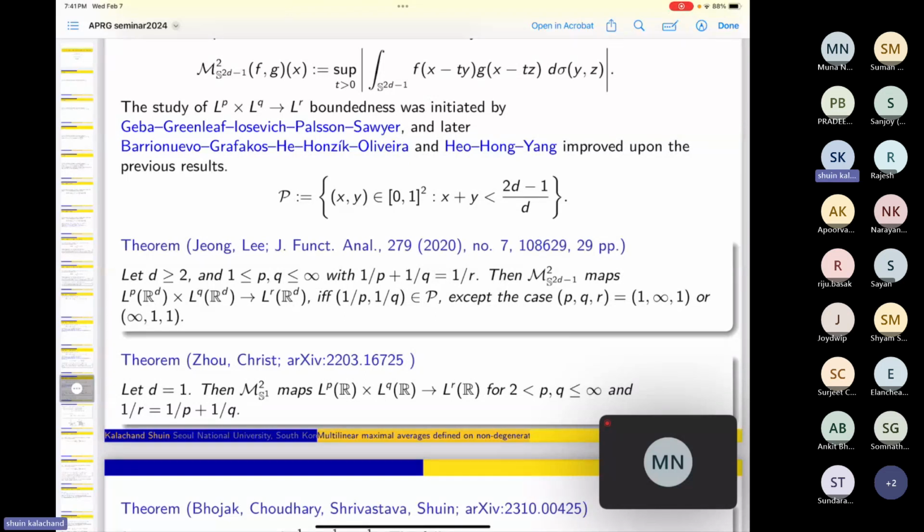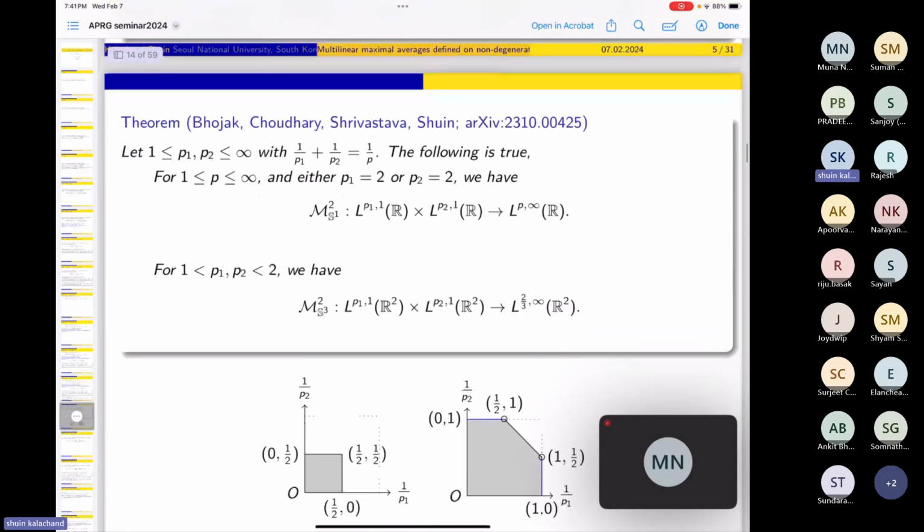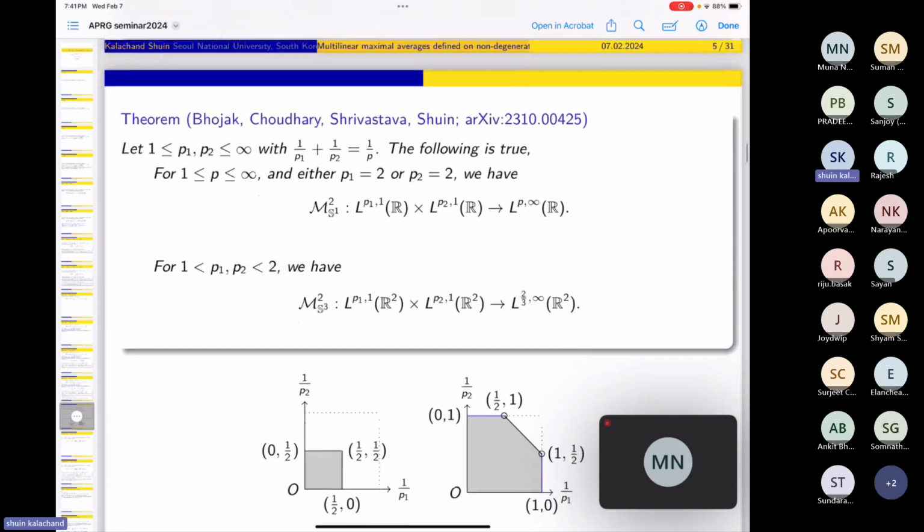However, for dimension d greater than or equal to 3, they have restricted weak type estimates on that line segment x plus y equals (2d-1)/d. But in dimension 2, boundedness at this line segment was not there. So in the same paper, we have proved this result.